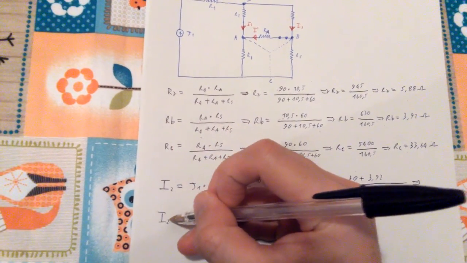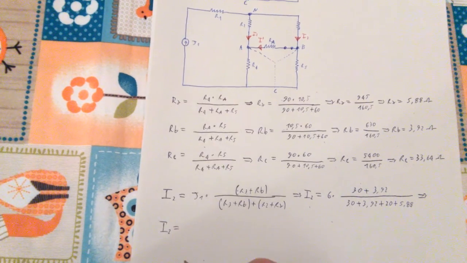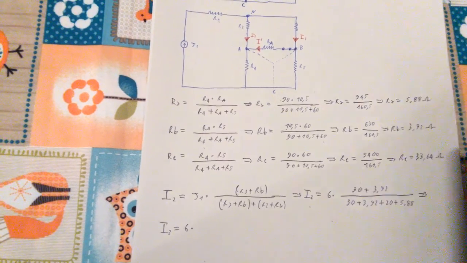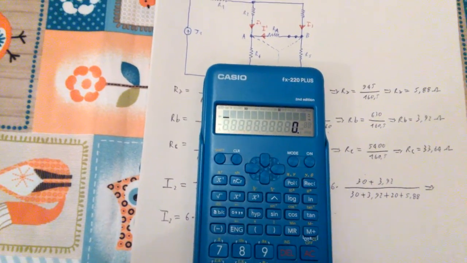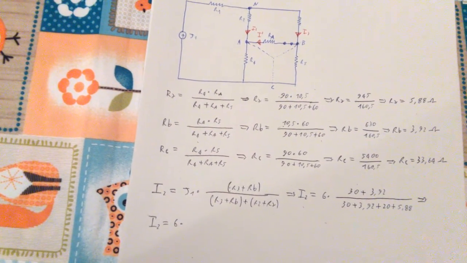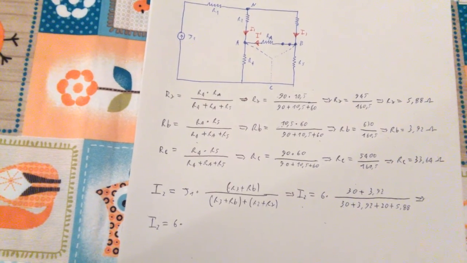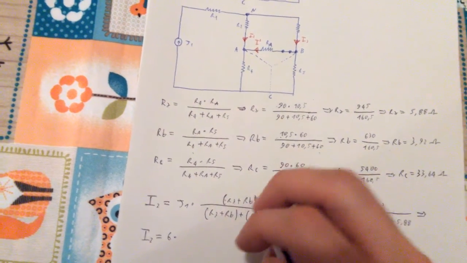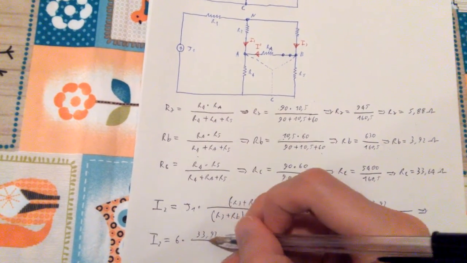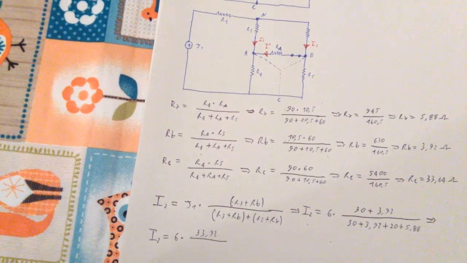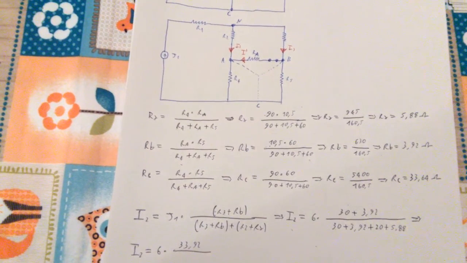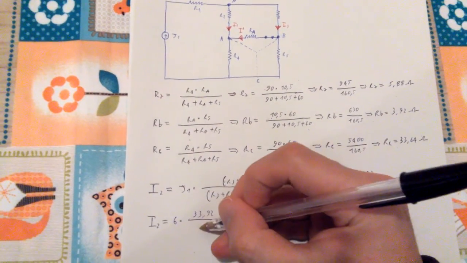So I2 is going to be 6 times, well, shall I grab the calculator? My lazy mind says yes. The first one is pretty straightforward: 30 plus 3.92 is 33.92, over 33.92 plus 20 plus 5.88, which gives me 59.8.